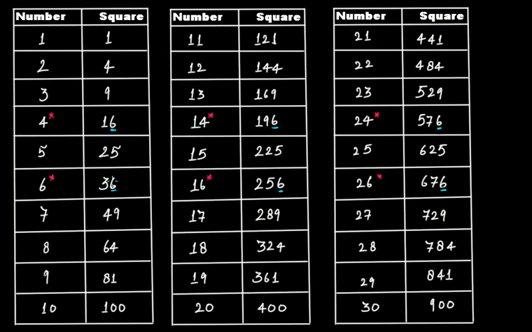From these three tables, you can find that no other numbers' perfect squares end with 6 except those numbers which end with either 4 or 6.